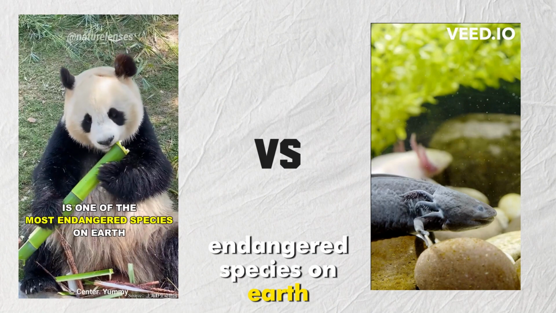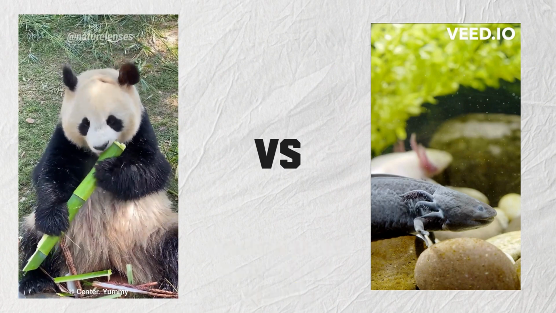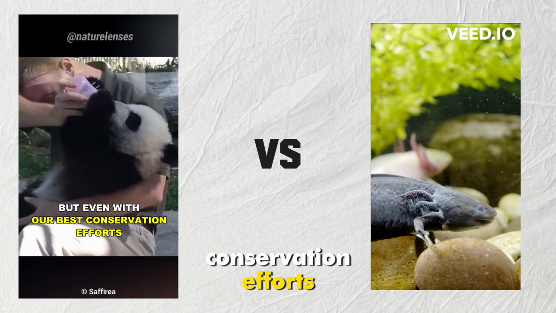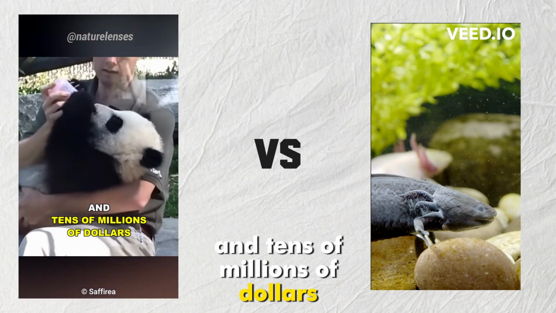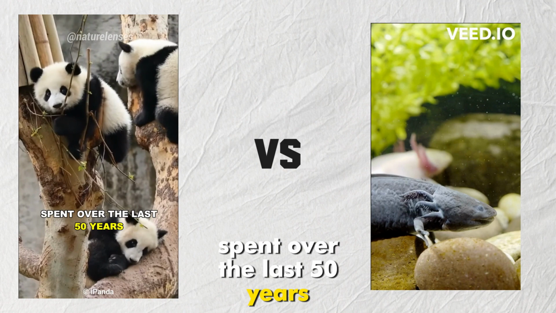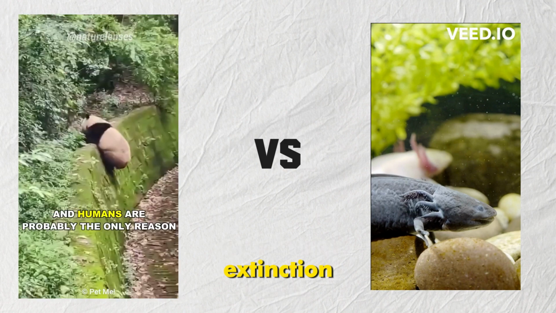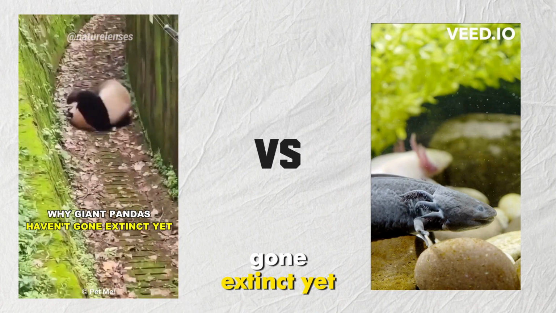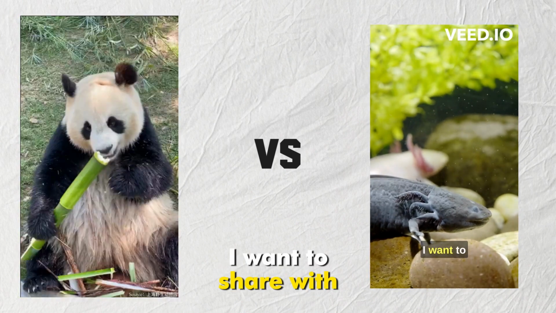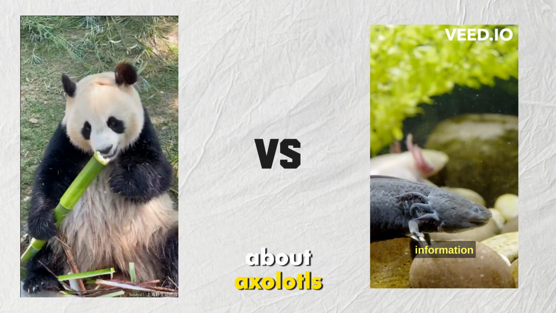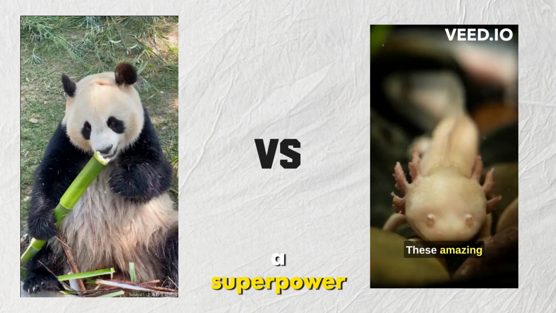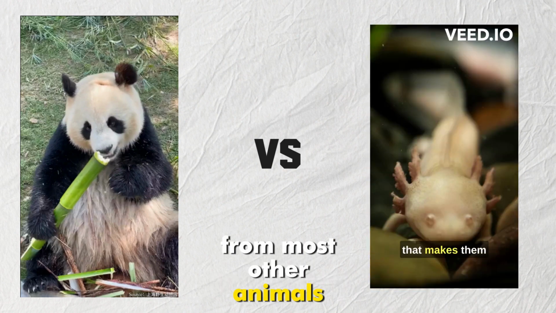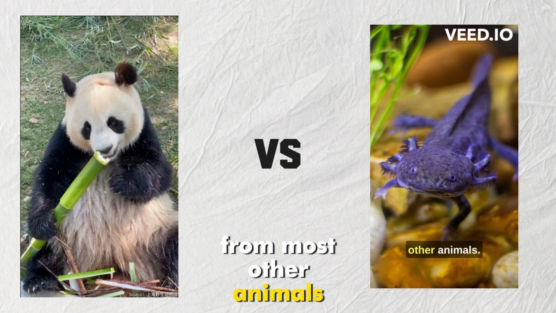Panda is one of the most endangered species on Earth. But even with our best conservation efforts and tens of millions of dollars spent over the last 50 years, they are still at risk of extinction, and humans are probably the only reason why giant pandas haven't gone extinct yet. Hello there. I want to share with you a fascinating information about axolotls. These amazing beings have a superpower that makes them different from most other animals.